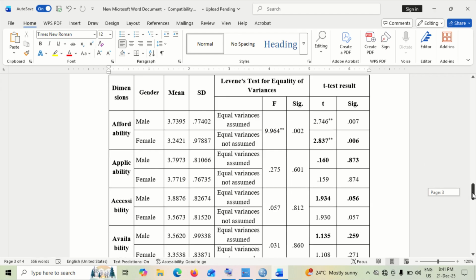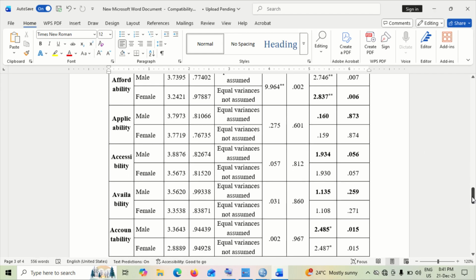And also in the case of applicability, the mean, standard deviation, equal variance assumed or not assumed, the Levene's test significance value and test value and t-test results are given. And in the first cases, that means the Levene's test significance value is greater than 0.05, hence equal variance is assumed for applicability.